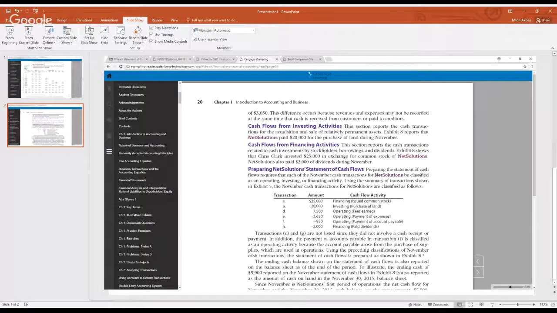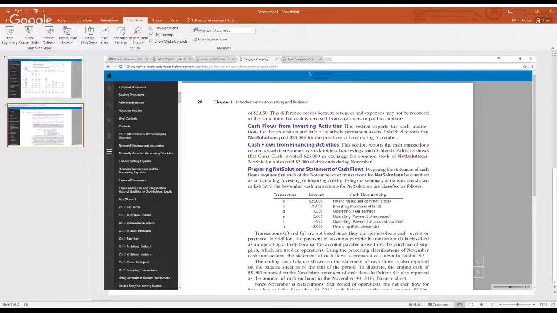Now you want to keep in mind, has cash actually been paid out for these expenses? If we look at rent expense, for example, and this is just an example, $33,000 was paid out for that. Cash is decreased by the $33,000, so that's a cash outflow for rent expense. Keep that in mind.